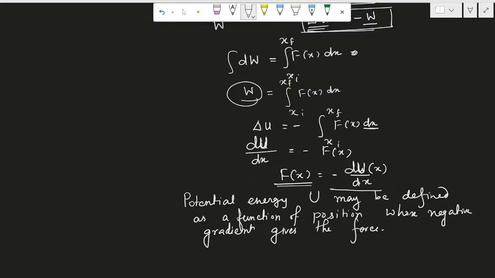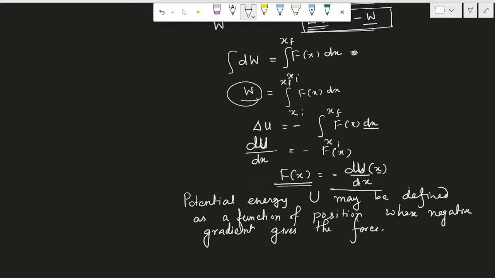Now, gravitational force as a conservative force. If they ask you this type of question, what can you write? You should keep the same derivational construction, only in place of x you write h.